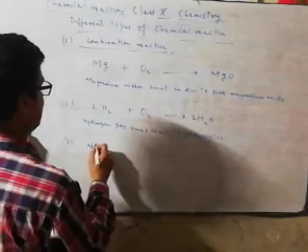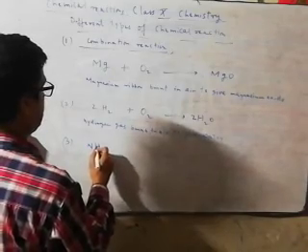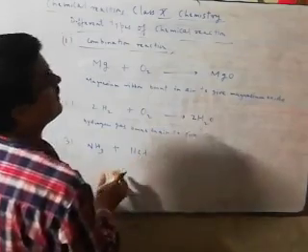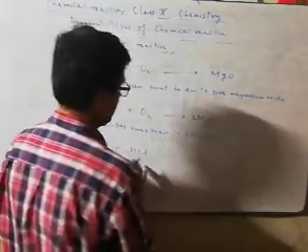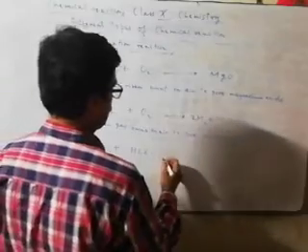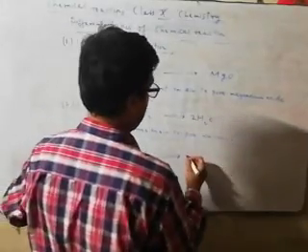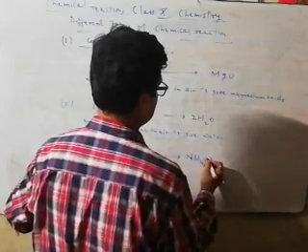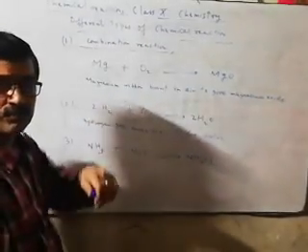Ammonia gas NH3 reacts with hydrochloric acid HCl to give NH4Cl, or we can say ammonium chloride.